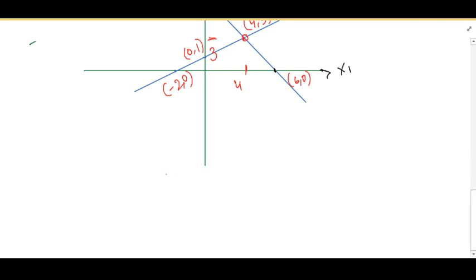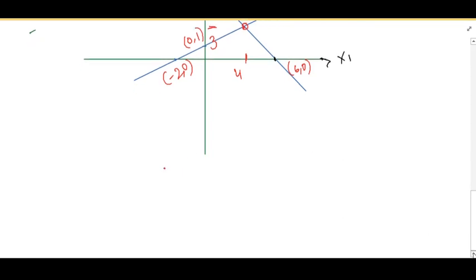So let's move to the question. Now we'll be learning how to use Cramer's rule. The question will be like, use Cramer's rule to solve.